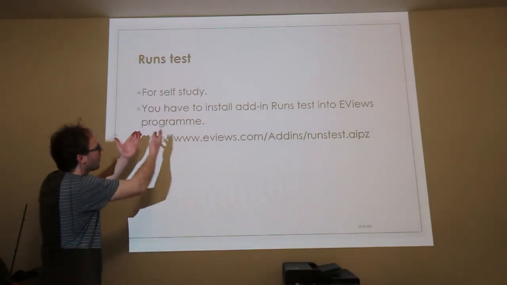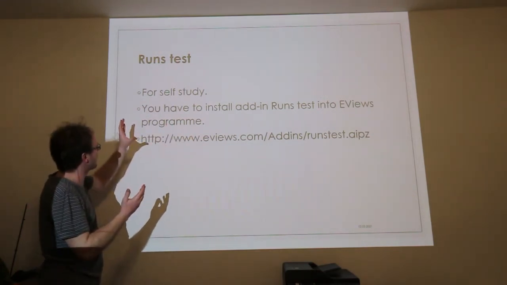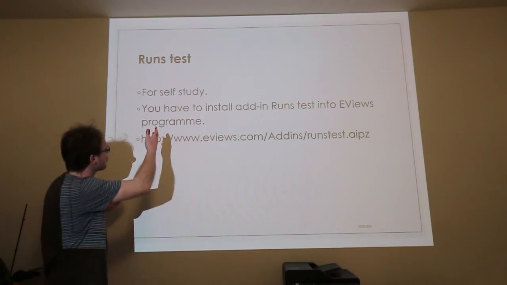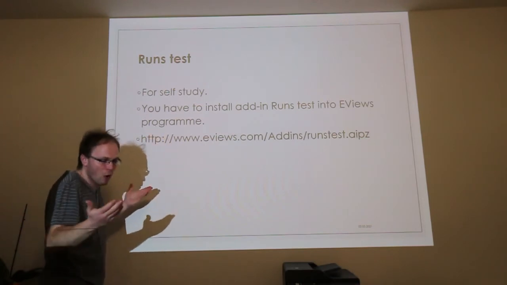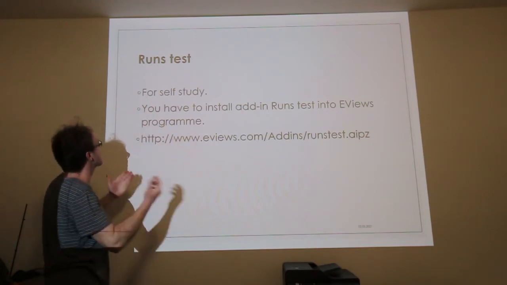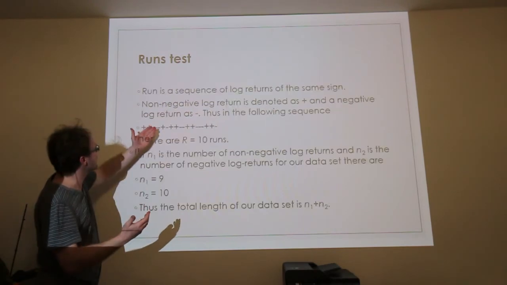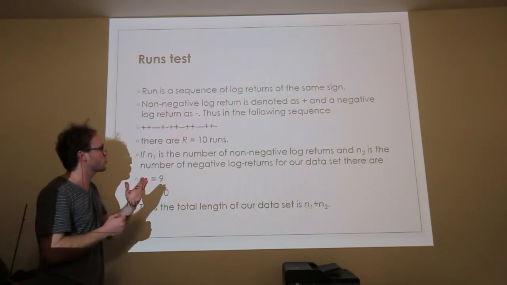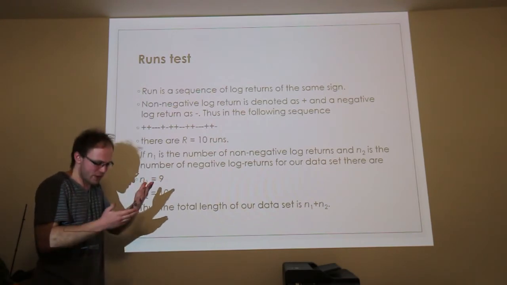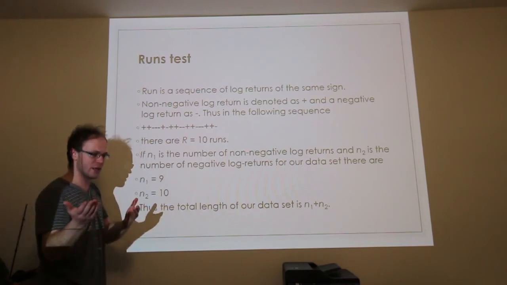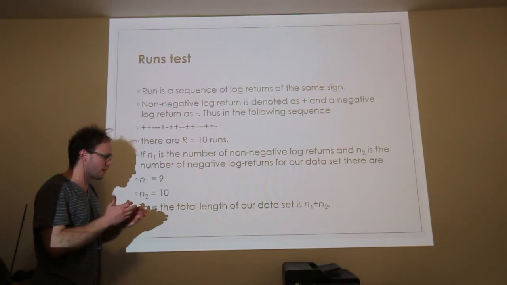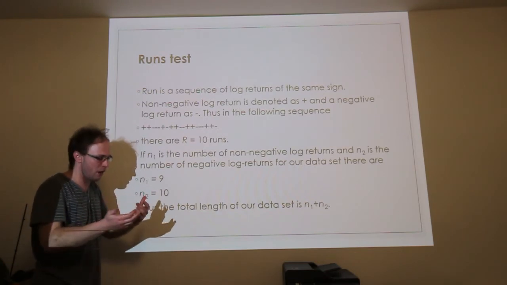I will be able to show this to you, but probably you will not be able to train this at home, so this is a voluntary study if you have this opportunity, because it's necessary to download a special add-in to the EViews software, and the University Light Edition for students, which you have downloaded at home, doesn't allow installing this add-in.